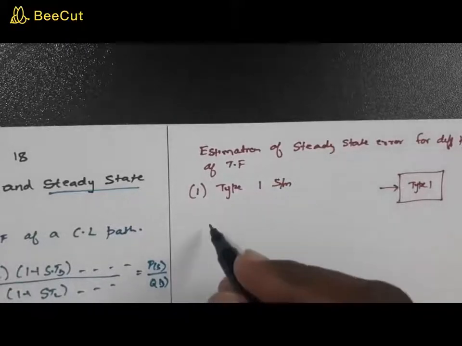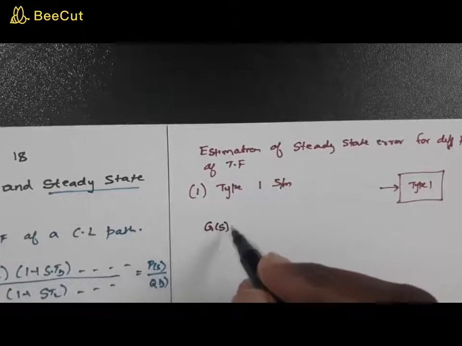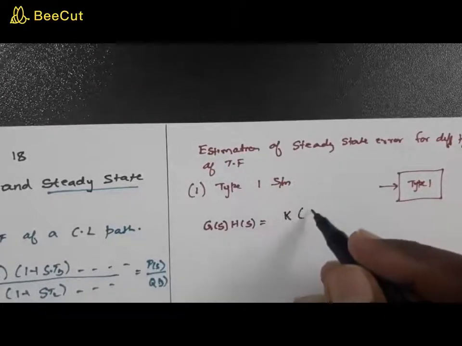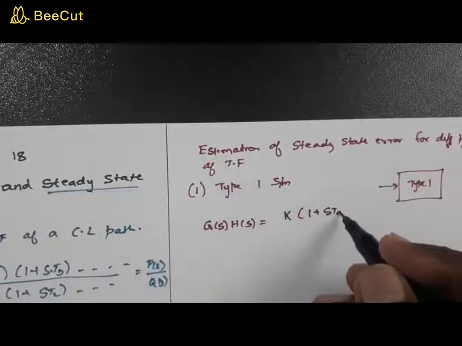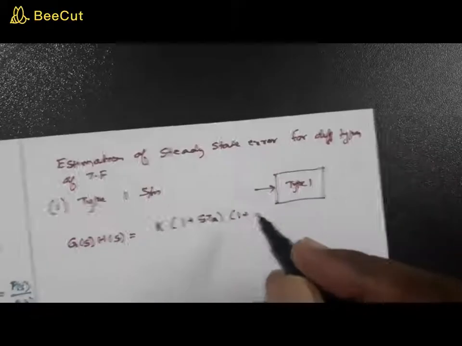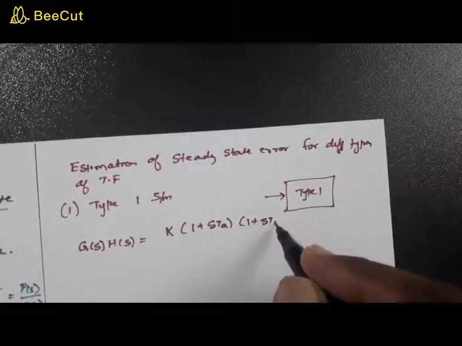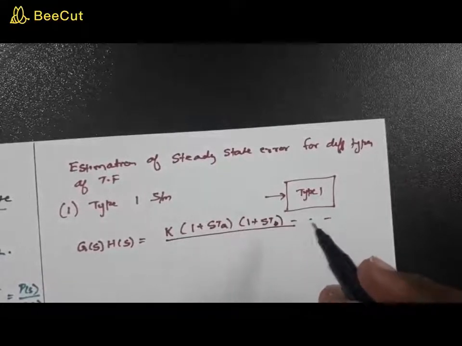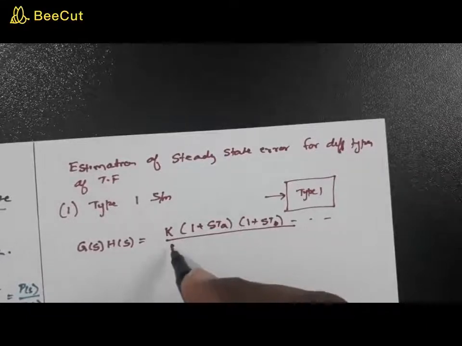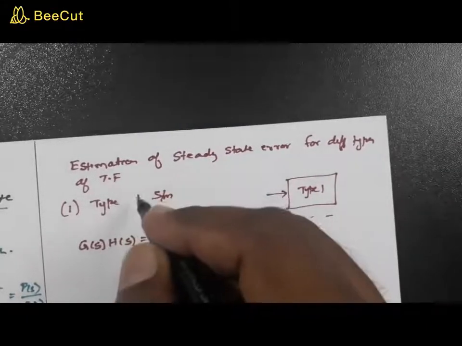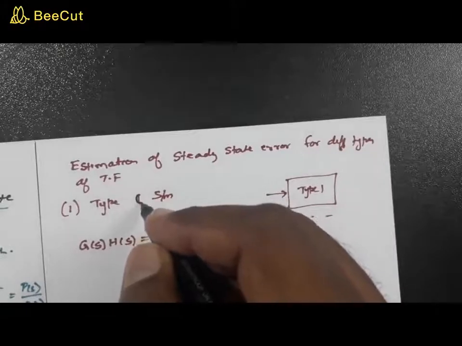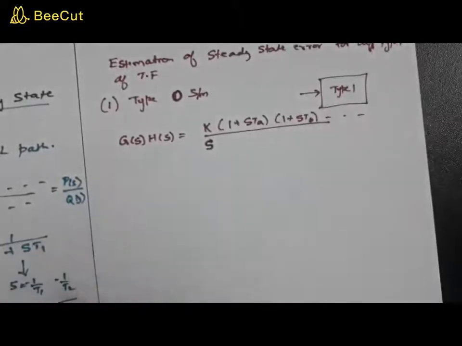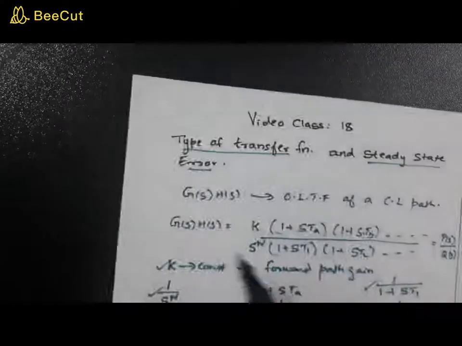A type 1 system is a system whose general open loop transfer function will be given by K into (1 plus sTa) into (1 plus sTb), etc., divided by s raised to n. So we are going to study, it's not a type 1 system, it is a type 0 system. What is a type 0 system?